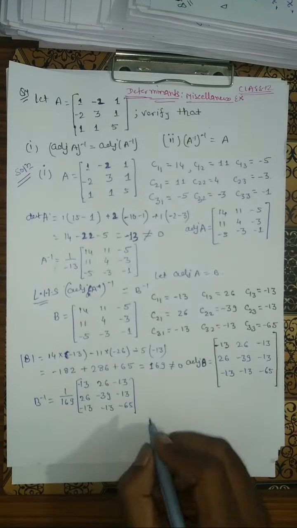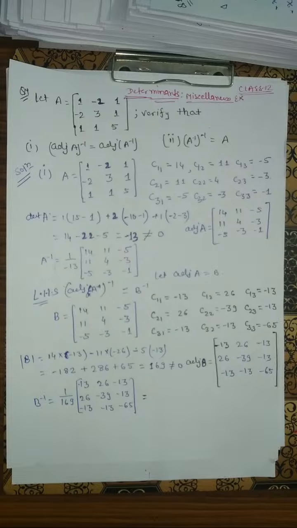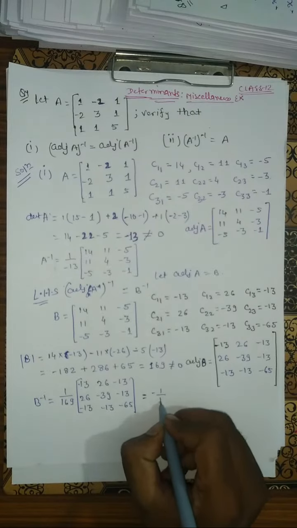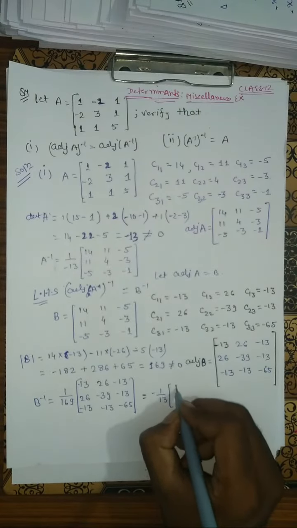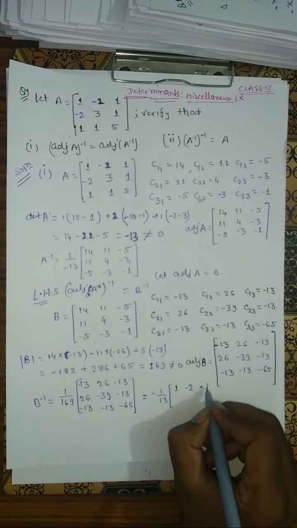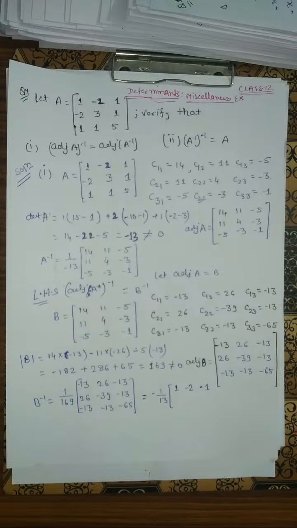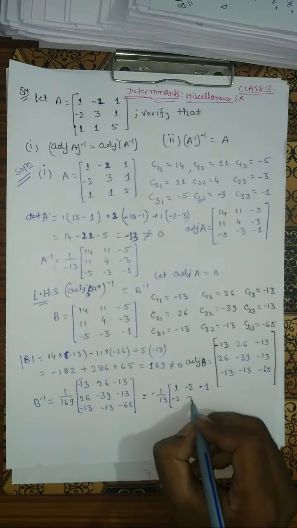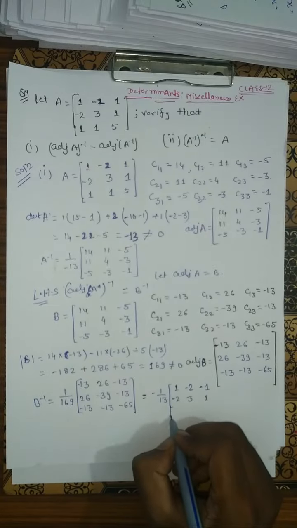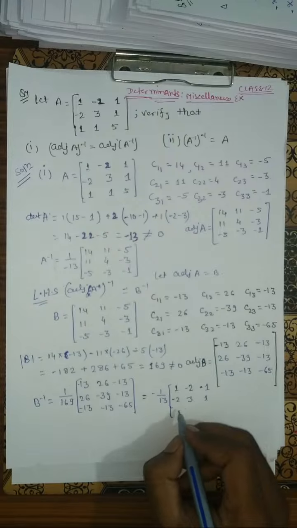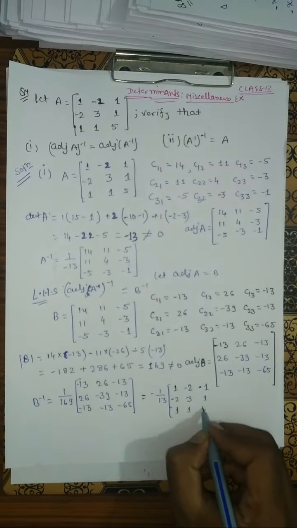Now बच्चों, -13 is common, then -1 by 13, 1 2 1, and बच्चों -2 3 and 1, 1 1 and 5.